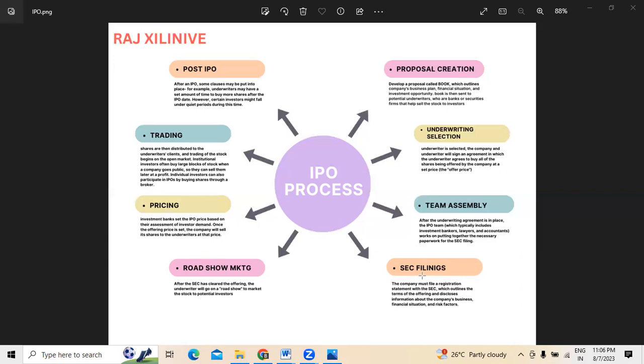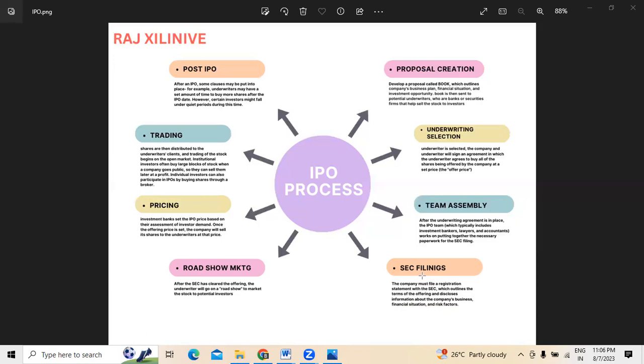Once the SEC has cleared the offering, the underwriters, followed by the remaining team, will go for a roadshow to market the stocks to potential investors.